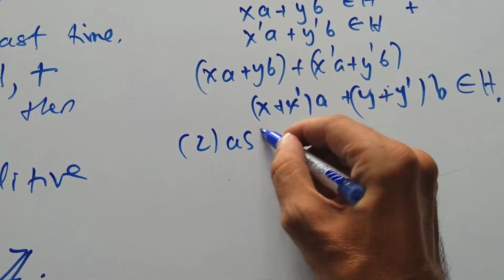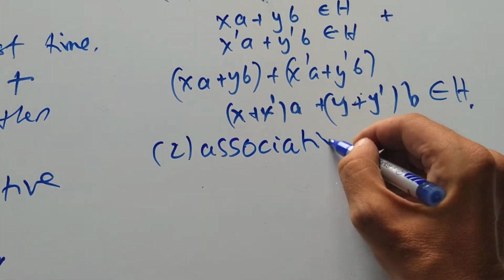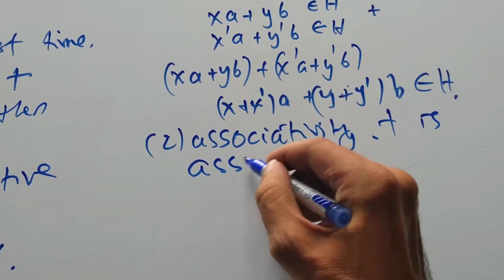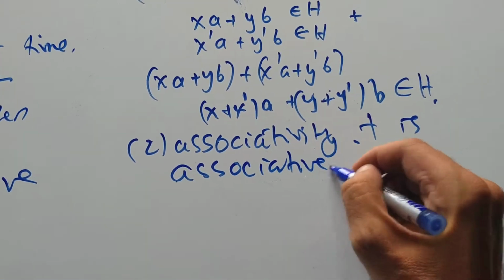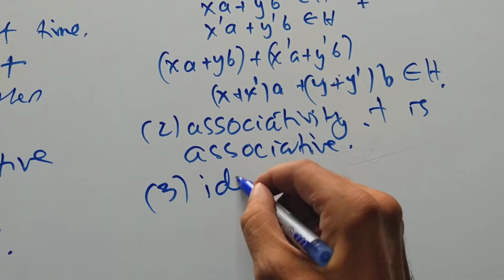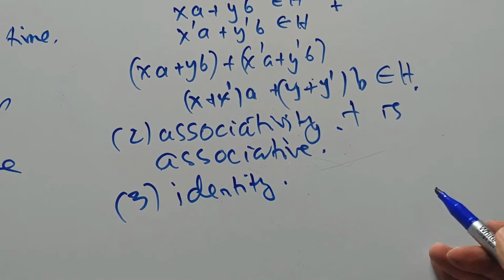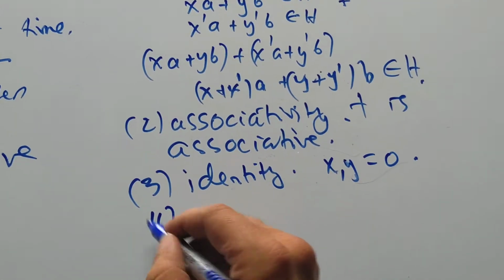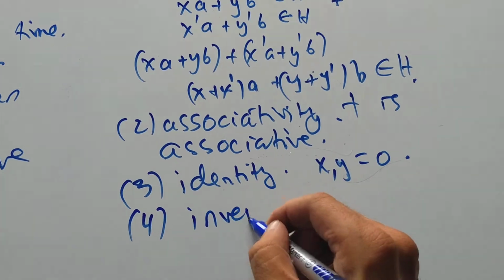Two, associativity. Well, plus is associative, so that's all I need to say about that. Three, identity. Well, you can finish that. Hint: take x and y to be both 0. And you can finish this one, inverse.